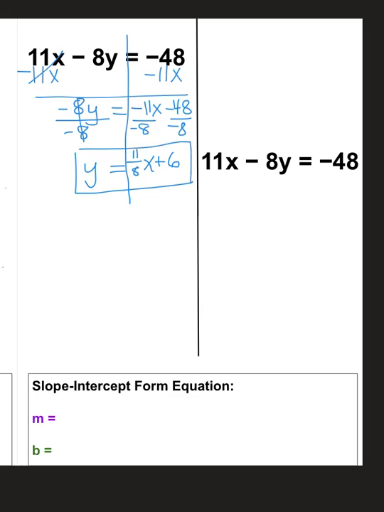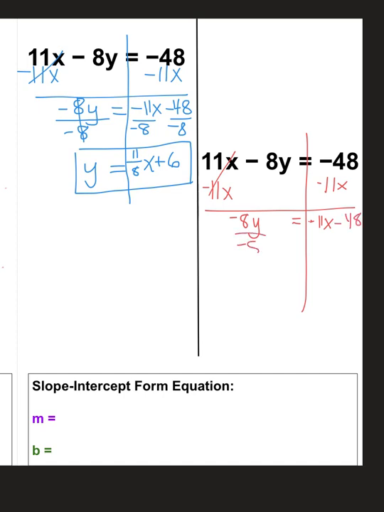So now if I just try again over here, so again I will subtract 11x on both sides. -8y equals -11x minus 48.